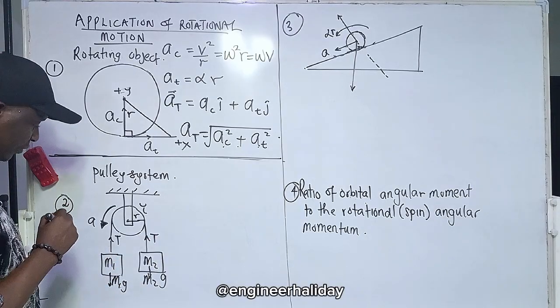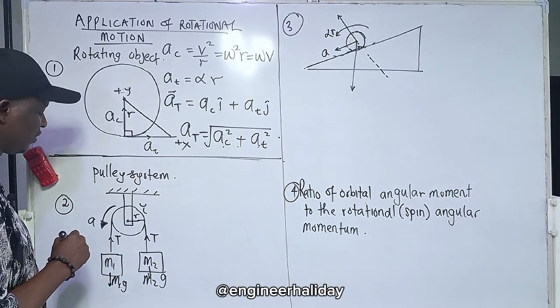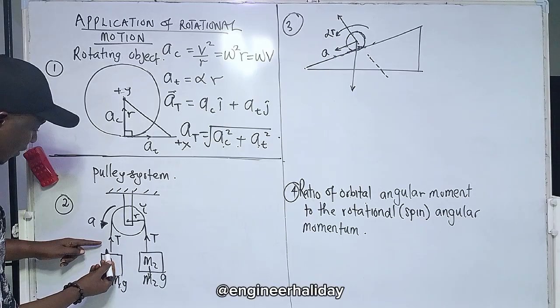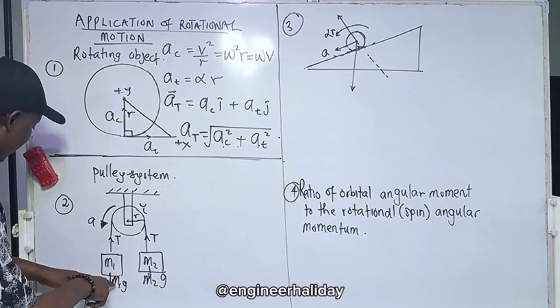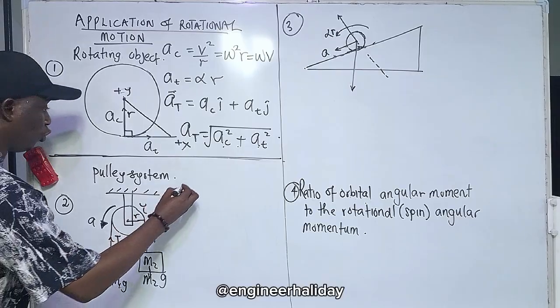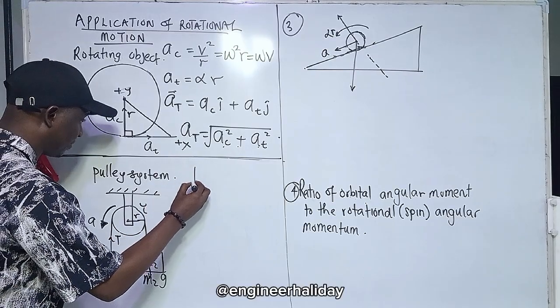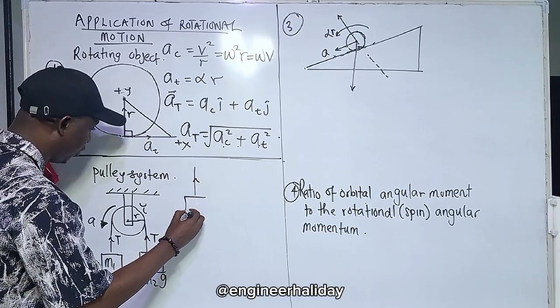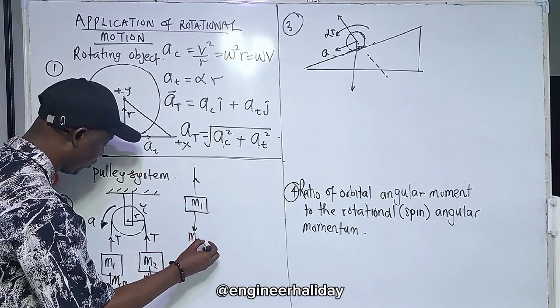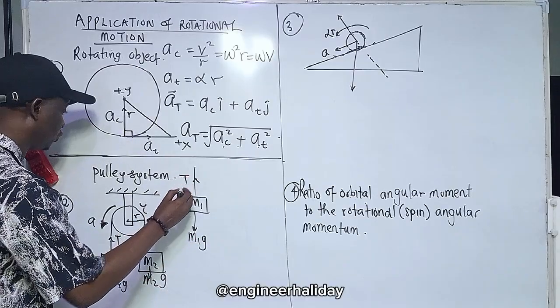Consider that this body falls like this; it means that M1g is higher than the tension. Don't forget that tension is going up, while the weight of the body M1 is coming down.